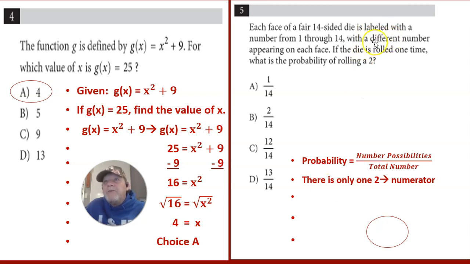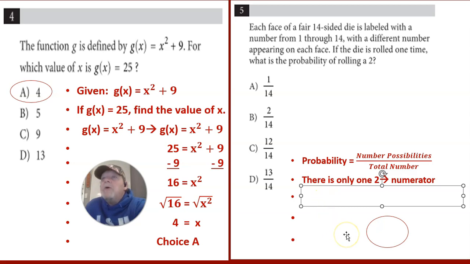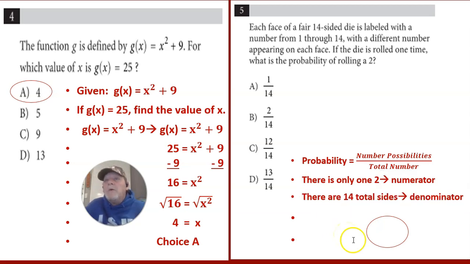You notice it says different number right here. So the number of possibilities goes in the numerator, and since there's only one 2, there will be a 1 up there. Not the number 2, just 1 because there's only one. There are 14 total sides. That will be in the denominator.